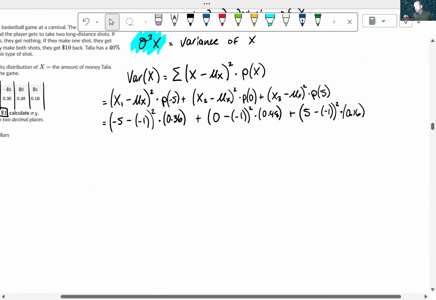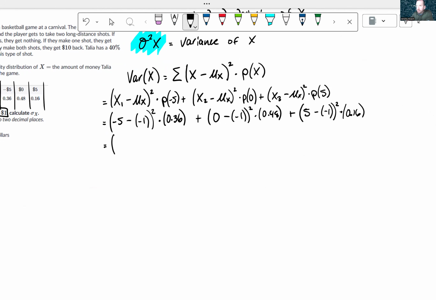Okay, so now let's calculate all these values and be careful with the double negative. We have -5 plus 1 gives us -4 squared, and I'm just going to write the probabilities here again. It's just going to be 1 squared times 0.48 plus 6 squared times 0.16.